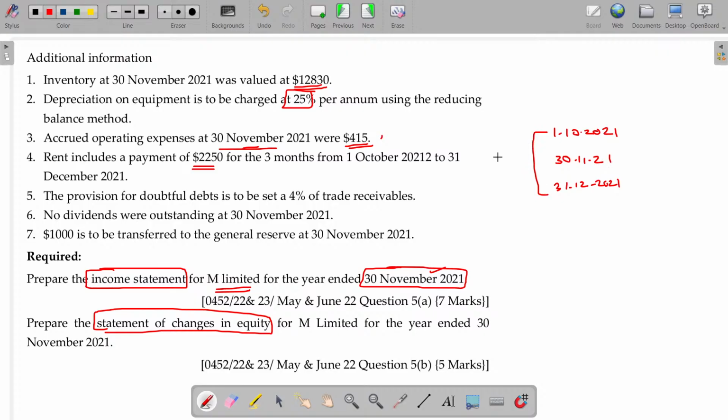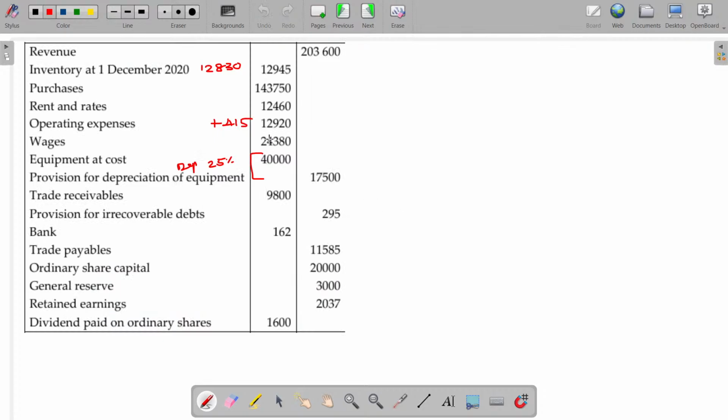The rent payment being 2,250 is a payment in advance for the period applicable, so you have to consider part of this as the advance amount. This is for 3 months, so you have to find the 1 month value, 1 by 3. 750 will be considered as your advance. Clear? So advance will be subtracted: minus 750 advance.